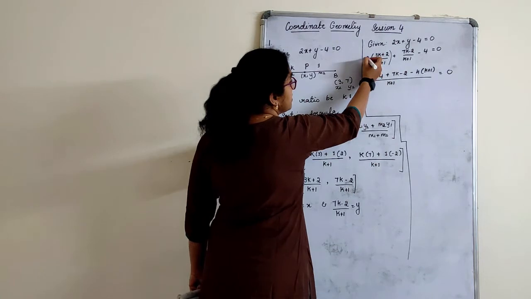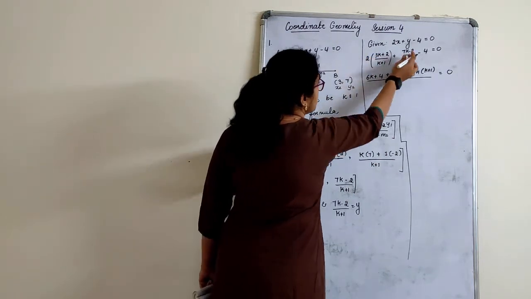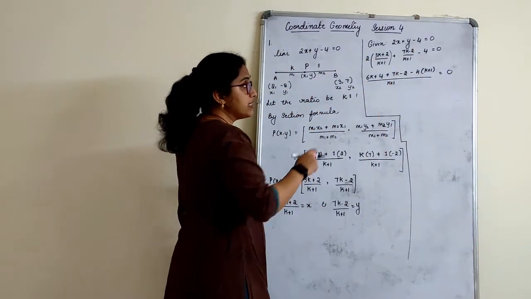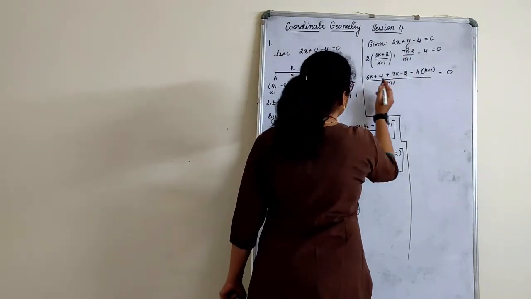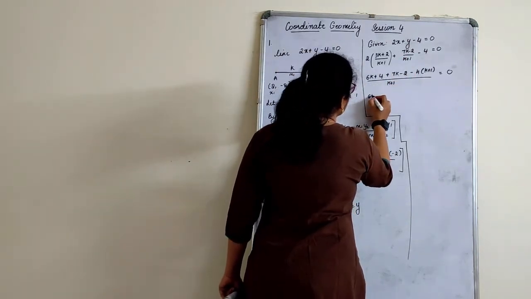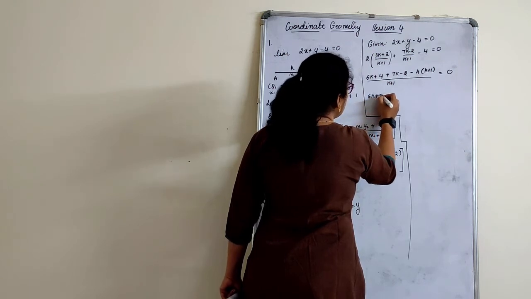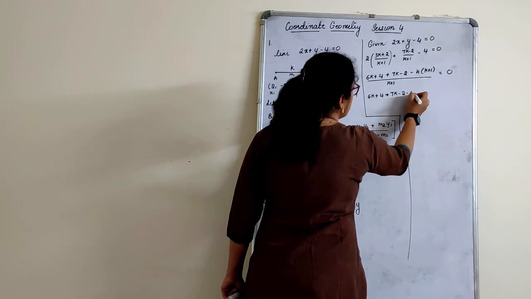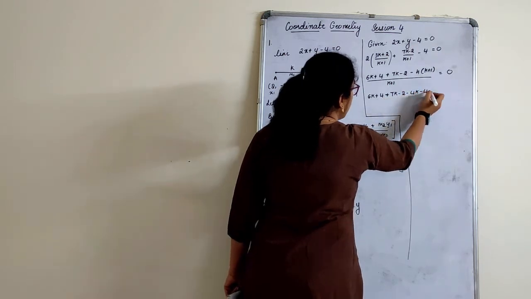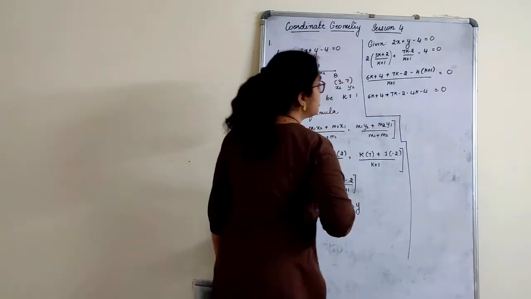So here it remains the same. I multiplied 2 3s are 6, 2 2s are 4, 7k minus 2 as it is, minus 4 of (k plus 1). Simplify. 6k, we first simplify it as it is, then we will see. Plus 4, plus 7k, minus 2, minus 4k, minus 4 is equal to 0.